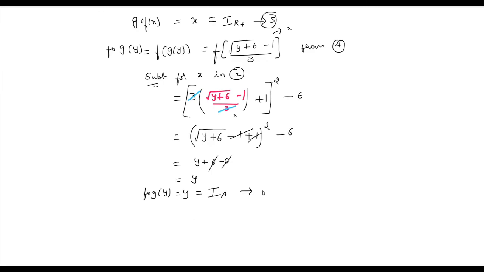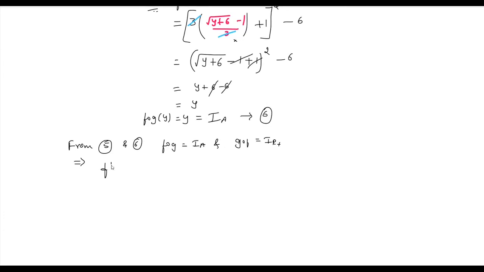If I call this equation 6, from equations 5 and 6, f circle g is an identity function and g circle f is also an identity function. This implies function f is invertible. That is, function f is both one-one and onto, that is bijective.